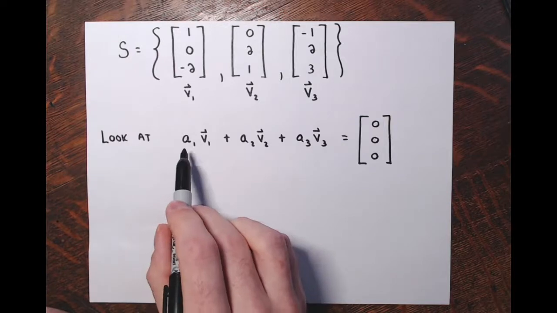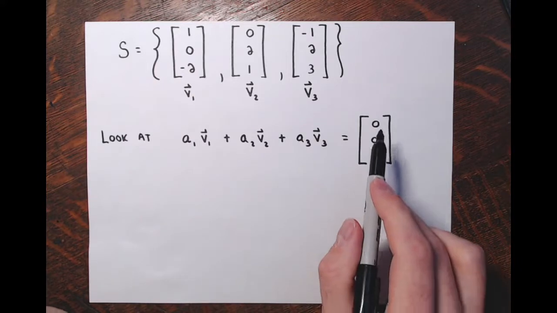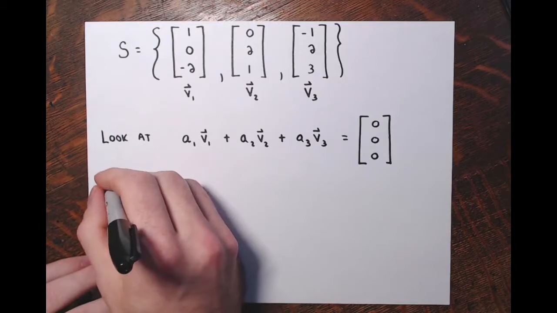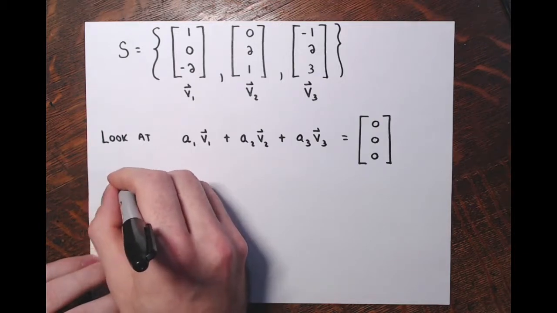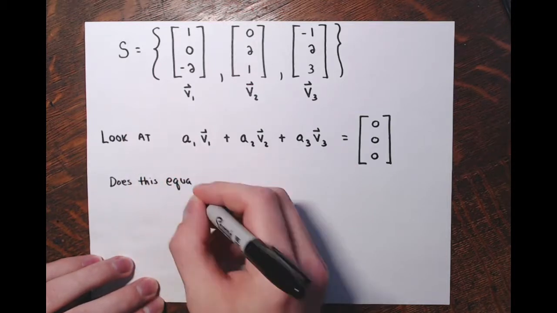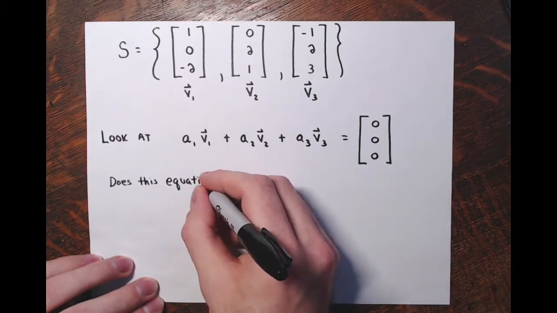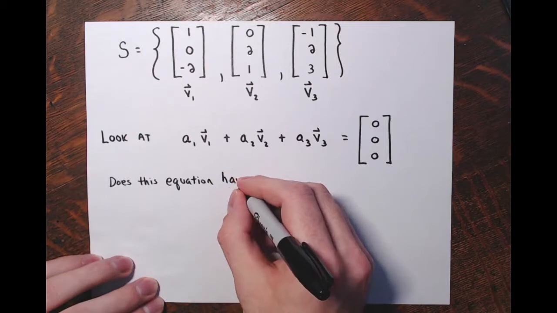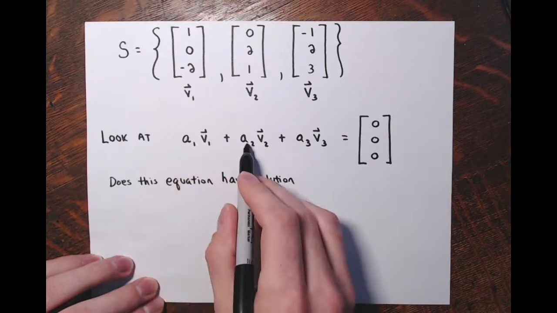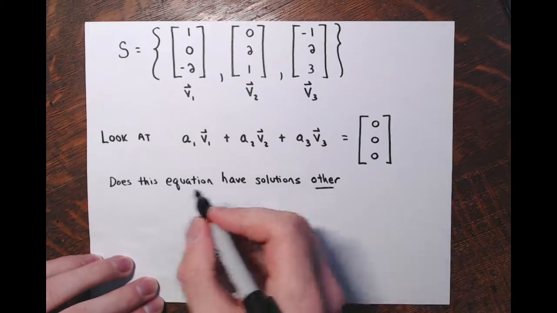Now, again, the trivial solution is always a solution to a homogeneous system like this. Remember we have zeros all on the other side of the equal sign. So does this equation have solutions, values of a1, a2, and a3, other than the trivial solution?